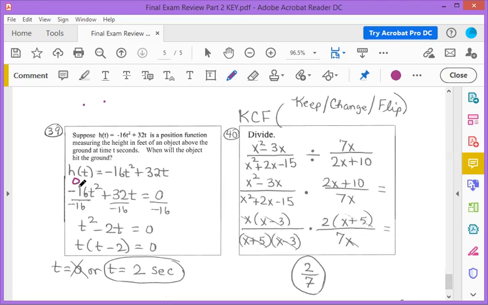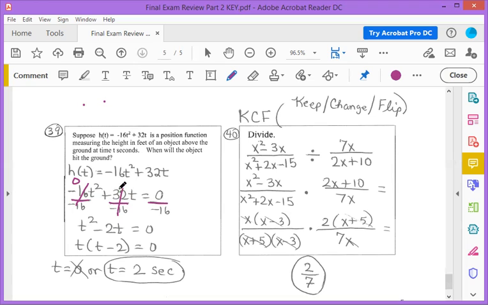We have negative 16t squared on the right side, plus the 32t. We could factor out negative 16. All of these terms can be divided by negative 16. That's our GCF. If we factor negative 16 from negative 16t squared, we get t squared.